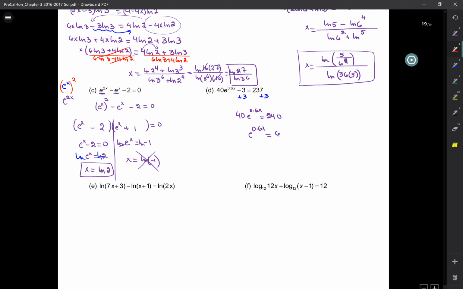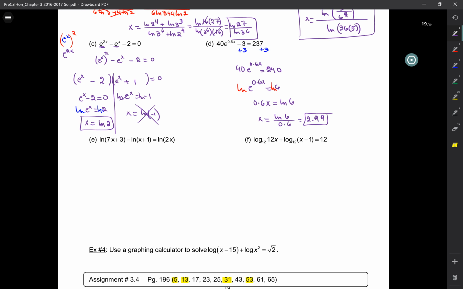And now, how do I get rid of an exponential? With an ln. So 0.6x is equal to ln of 6. x equals ln of 6 over 0.6. And if you were to use your calculator, this would equal 2.99.